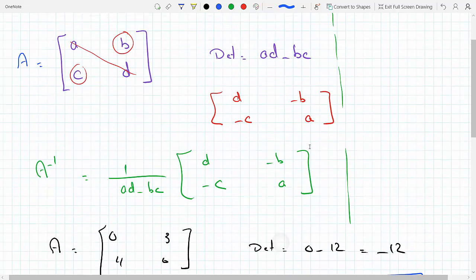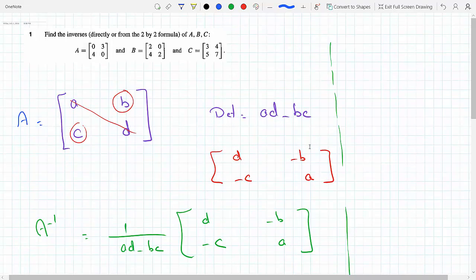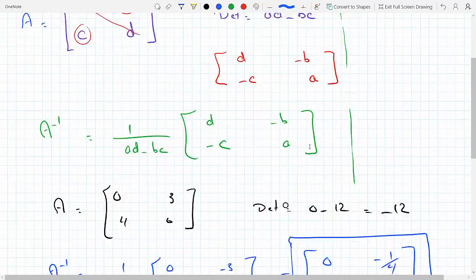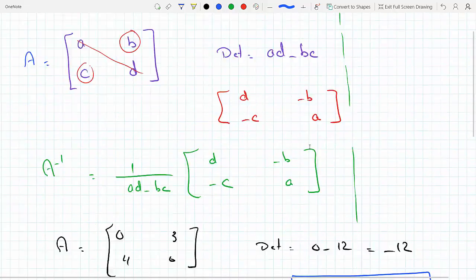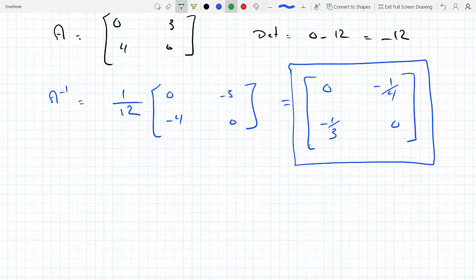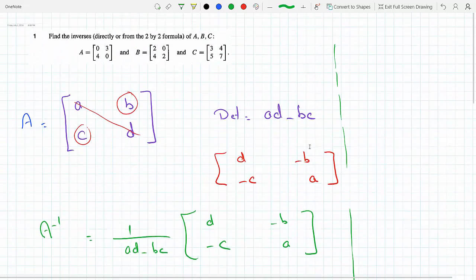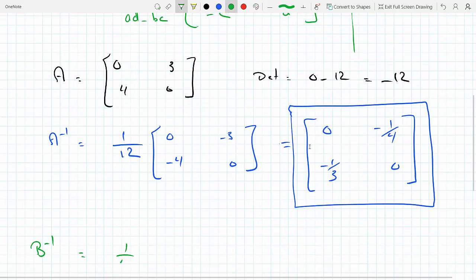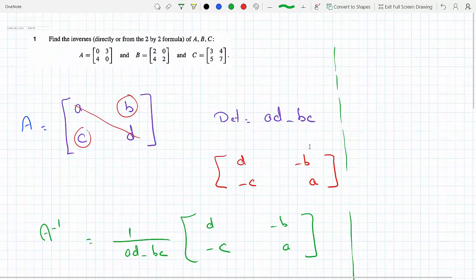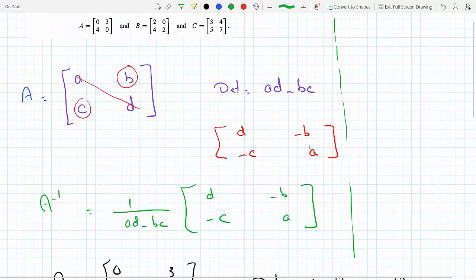Let's go to B and do the same thing. I'll skip B because B and C are the same exact thing. I'll just do it really quick in one step. So B inverse will be, here we have the determinant is 2 times 2, 4, minus 0 is 4. So I would have to divide by 4, and I would flip the 2's.